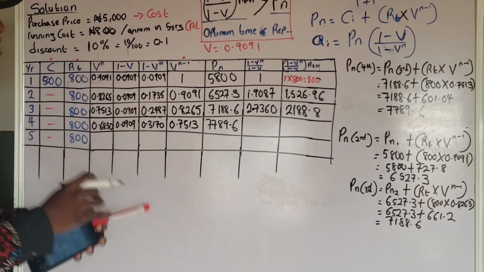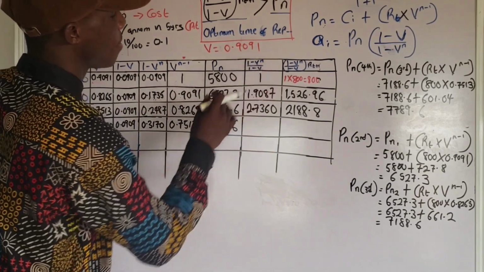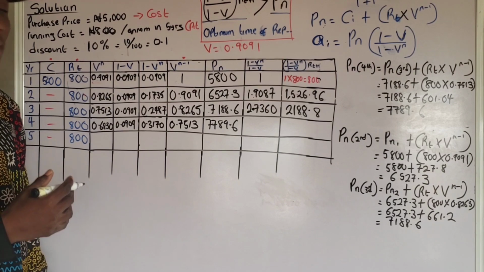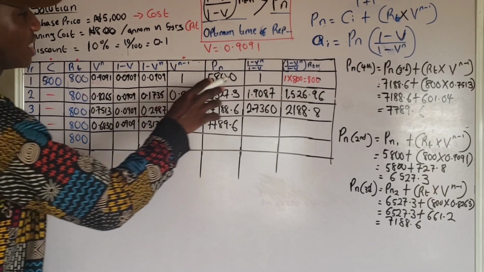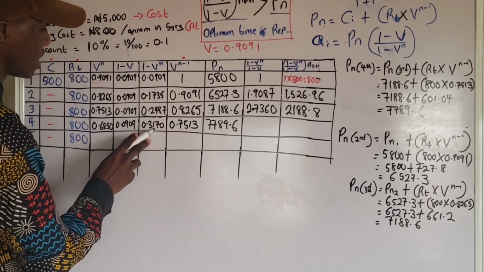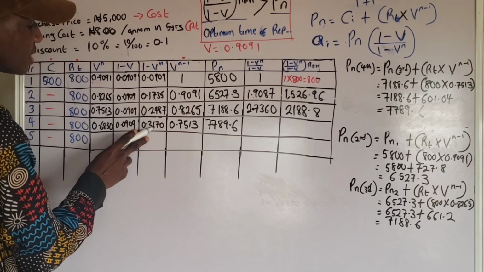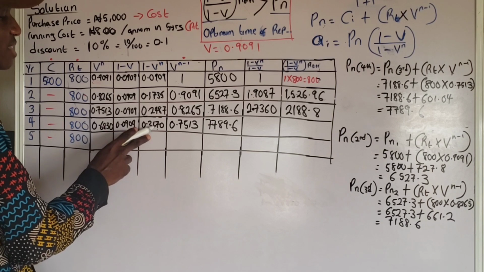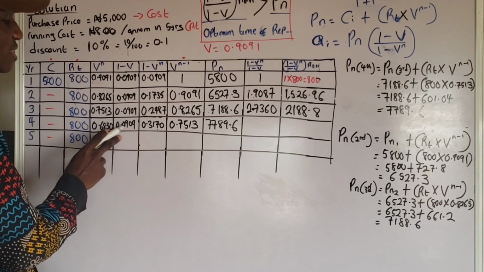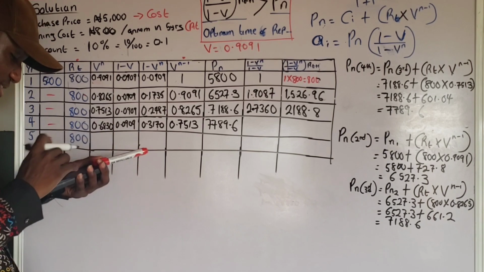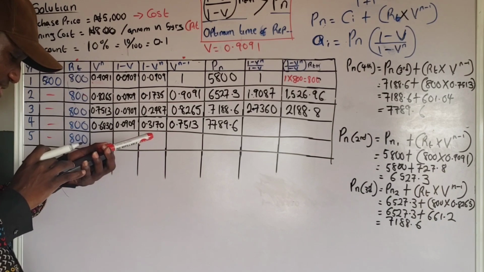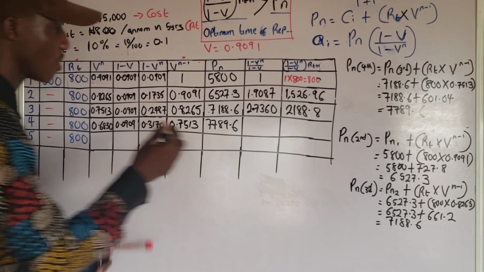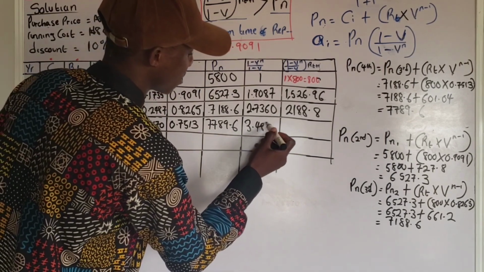Okay, now let us proceed to the next column. That is 1 minus v raised to the power of n all over 1 minus v. Now for the fourth year, 1 minus v raised to the power of n is 0.3170. 1 minus v is 0.0909. So I'm going to divide 0.3170 by 0.0909. That is 3.4873.